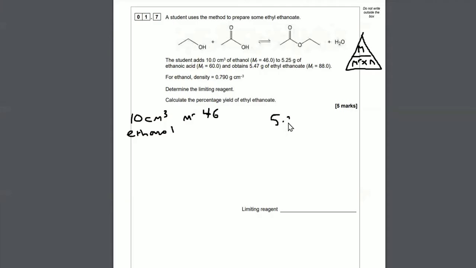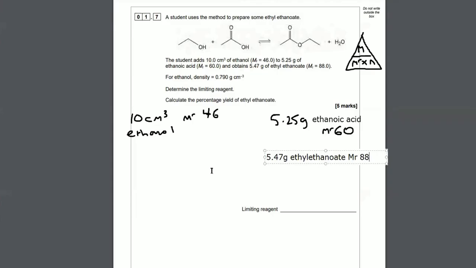So I've got 5.25 grams of ethanoic acid, and that has an MR of 60. And then our product that's produced, we obtain 5.47 grams of ethyl ethanoate. This is our product, and that's got an MR of 88.